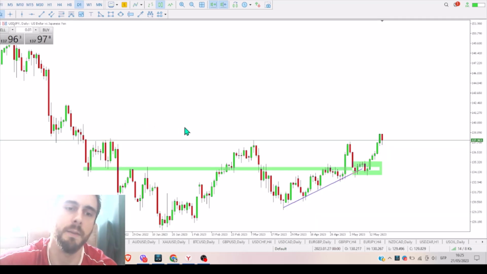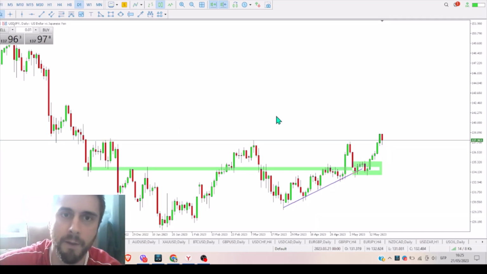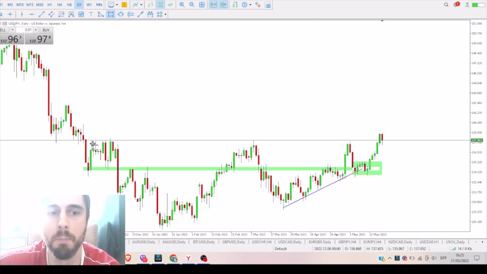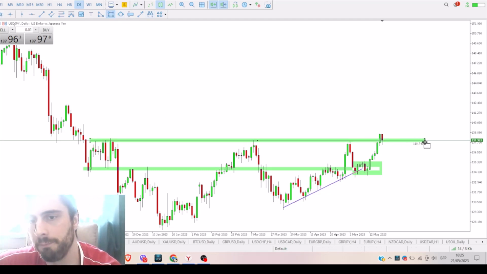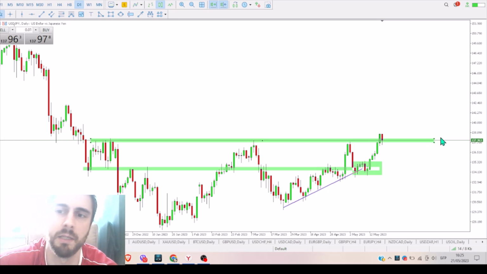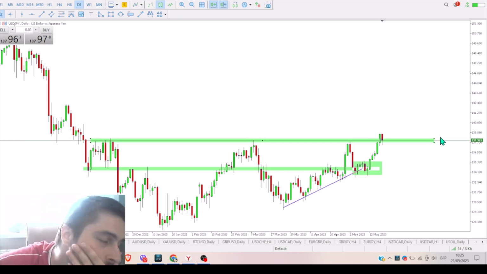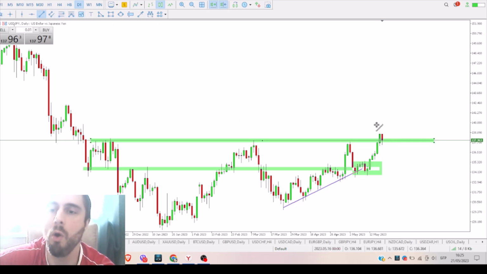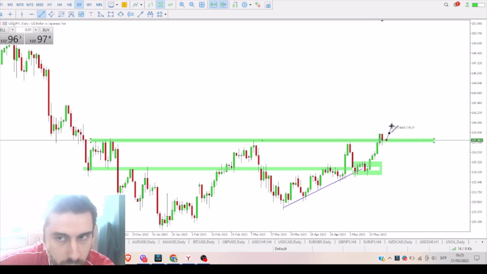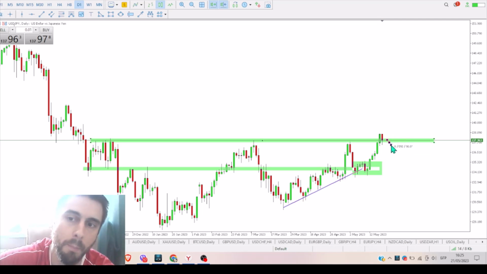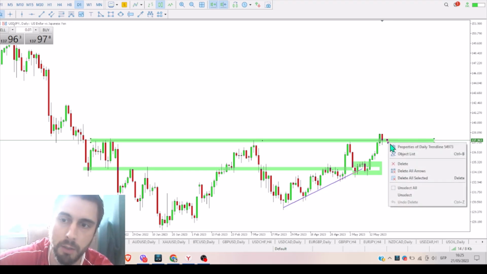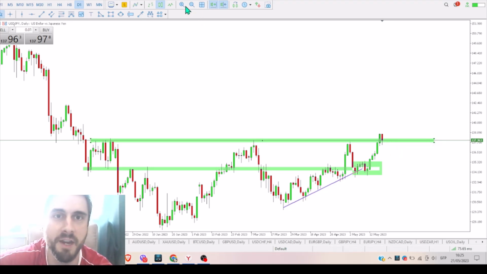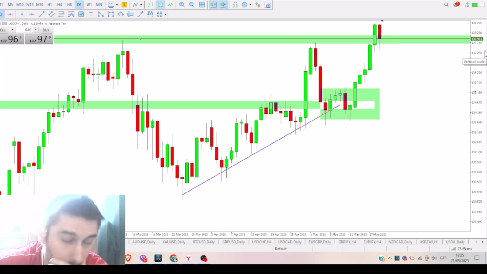And here is something interesting to note, that we actually broke this resistance area. So the next daily candle will be very important, because we will either continue bullish from this breakout, or we will get a confirmation, a rejection, so a bearish candle that will confirm a very nice dark cloud pattern.